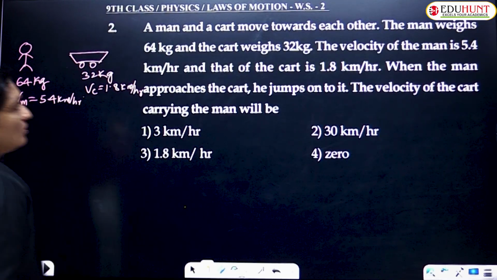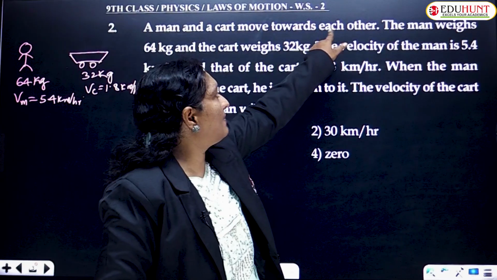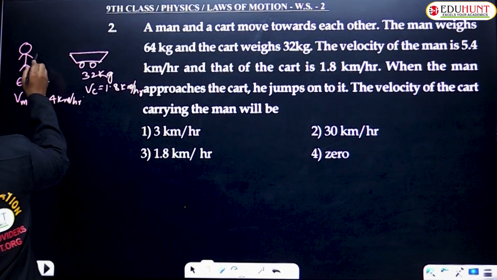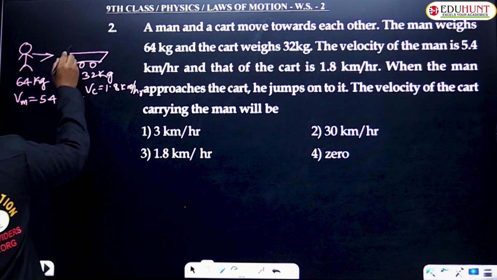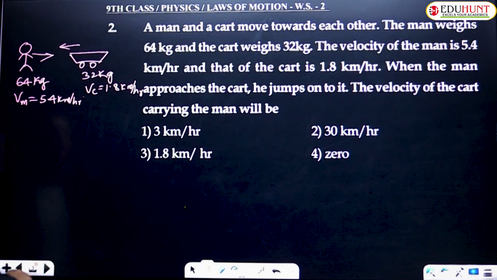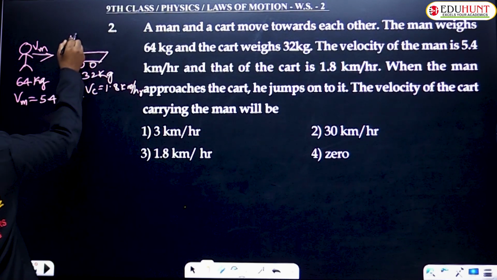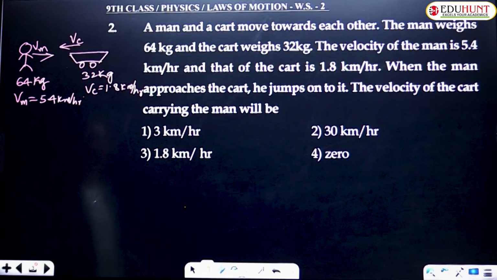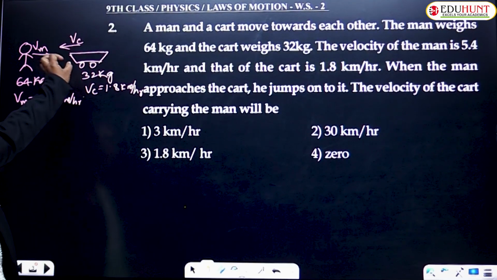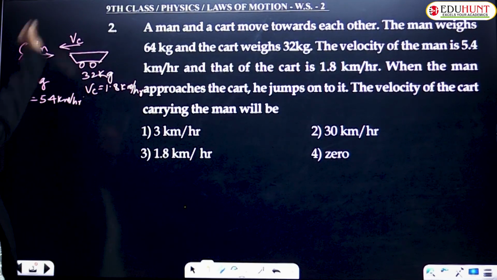But according to the question, the cart and man move towards each other. If the man is supposed to move in the positive direction, the cart must be moving in the opposite direction. This is the speed of the man and here it is the speed of the cart. Okay, so when they both approach each other, he jumps onto it.